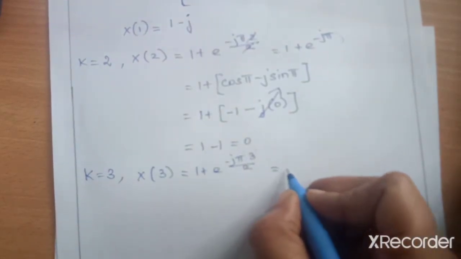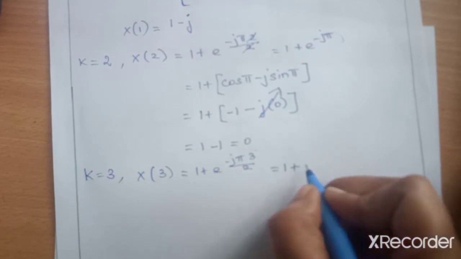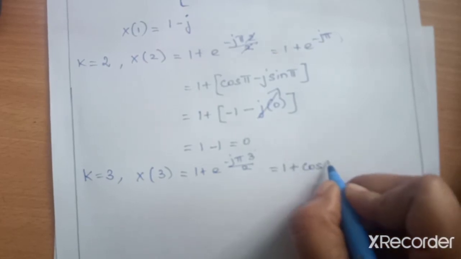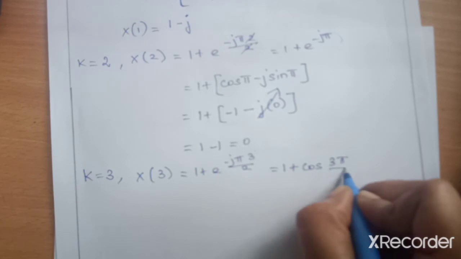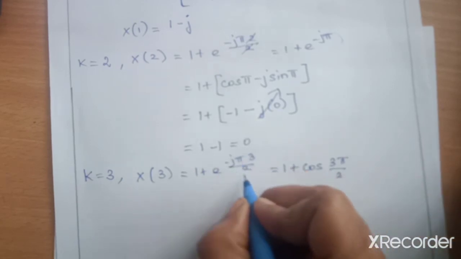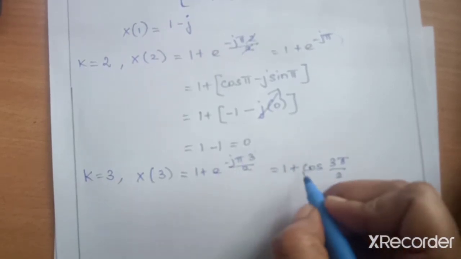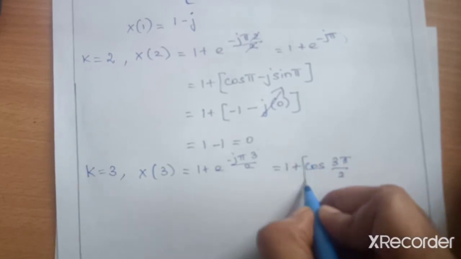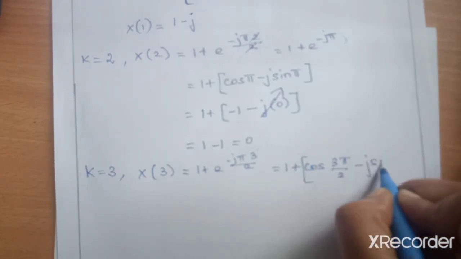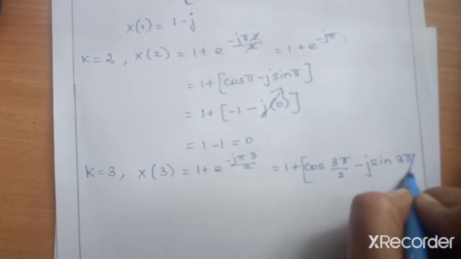So you write this term as 1 plus cos 3 pi by 2, because here the value of theta will be 3 pi by 2. So 1 plus cos 3 pi by 2 minus j sin 3 pi by 2.